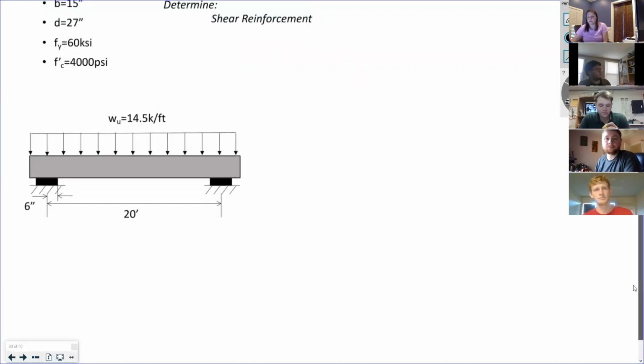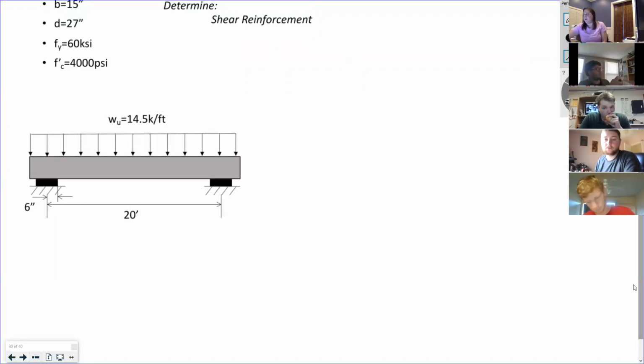I have this simply supported beam, 20 feet between the centers of those supports.